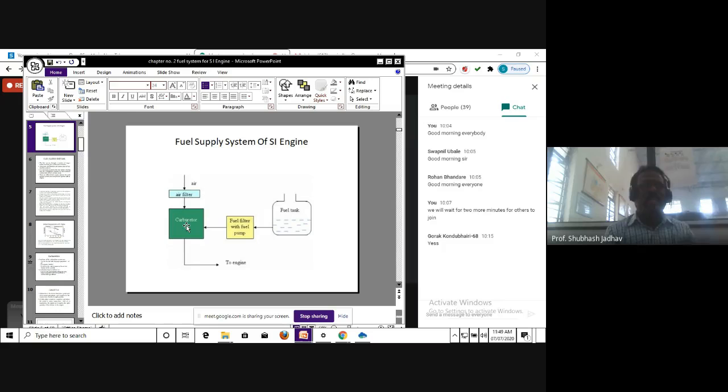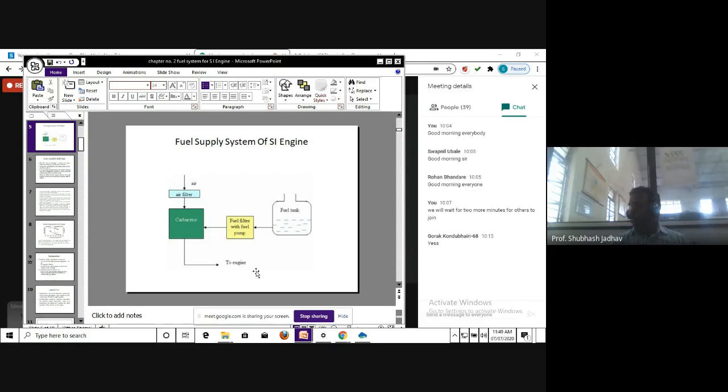It should not happen that if you take a mixture from one corner, it has a different amount of fuel, and if you take a sample from a different corner of the region, we have a different amount of fuel with respect to air. We want uniformity of fuel and air throughout the mixture, and for that, some mixing has to be done over here. After mixing, we will supply it to the engine.